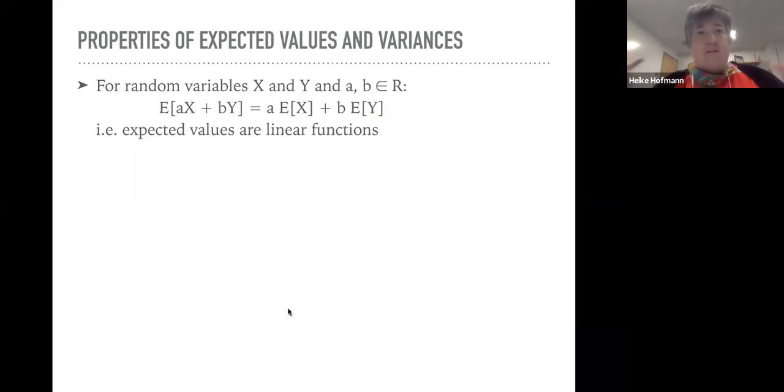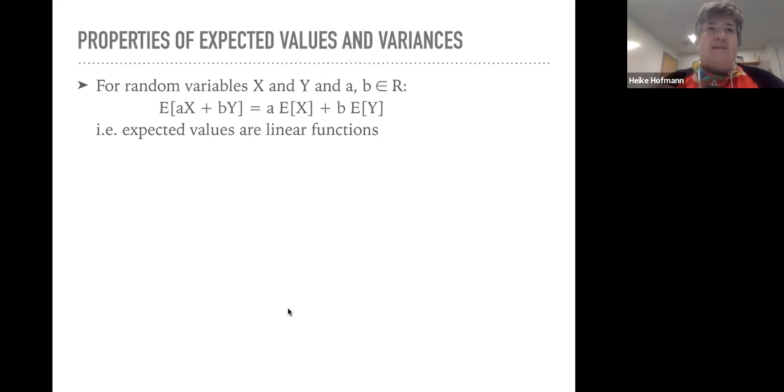So the most general way that we can write a linear combination of X and Y is to say we take A times X and we add B times Y to it. So that's a new random variable. Let's call it Z. What can we say about the expected value of Z?